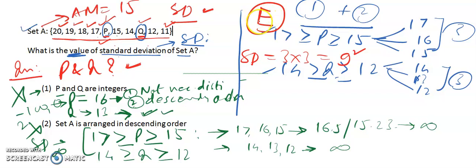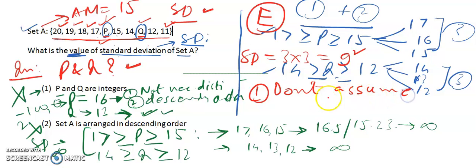The learning of this question, what we learned in this question: first, don't assume anything until it is spoken. Like in this case, are the values distinct?